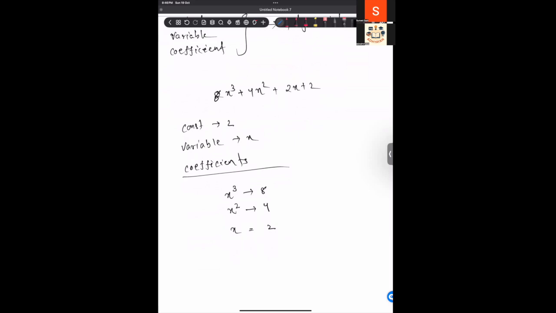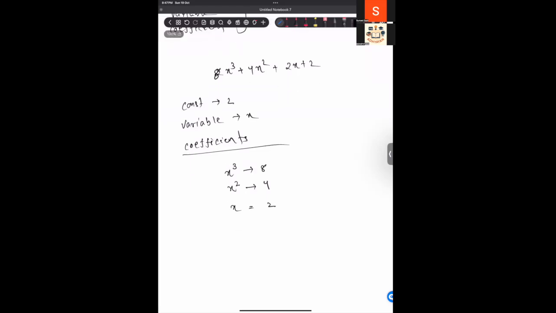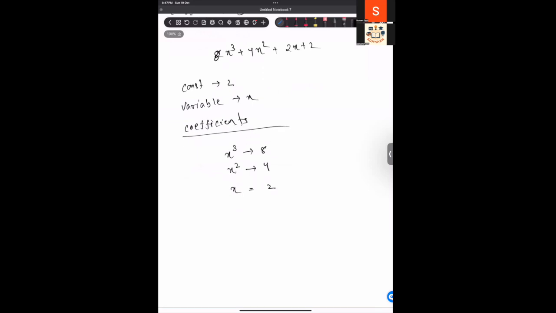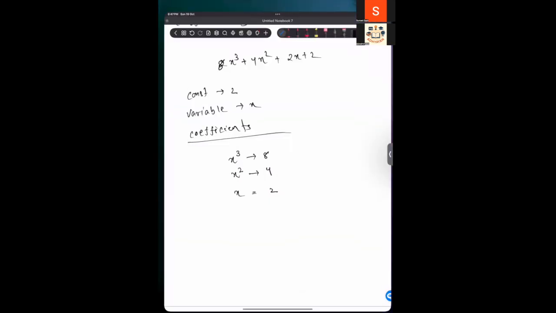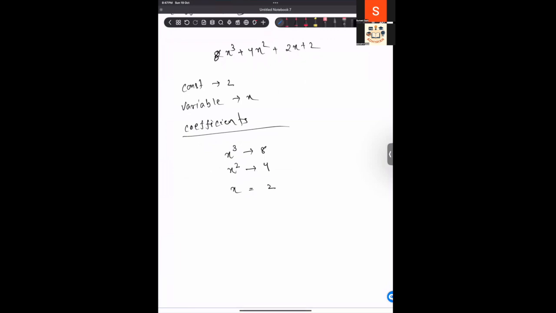Now before that, let's go ahead and write a few more examples of polynomials. Let's say I'm trying to think of another example. Let's say minus x cube plus 4x square plus 7x minus 2.